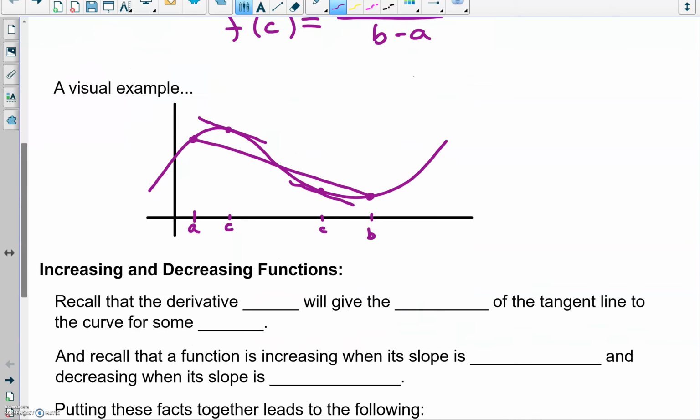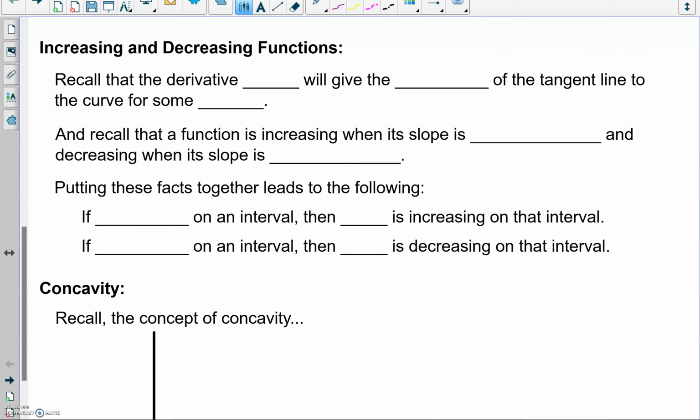Okay, so let's take a look then at increasing and decreasing functions. One thing to recall is that the derivative f prime of x will give the slope of the tangent line to the curve for some x equals a. We talked about this a little bit up above, coming back again. And also recall that a function is increasing when its slope is positive and decreasing when its slope is negative.